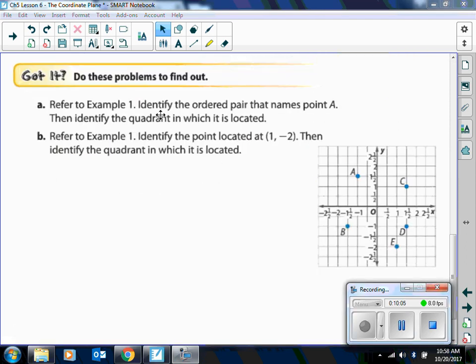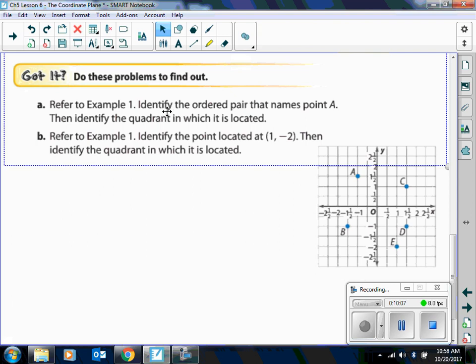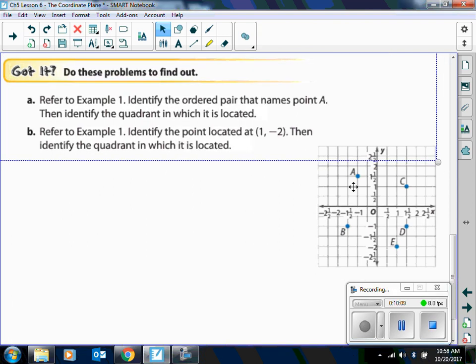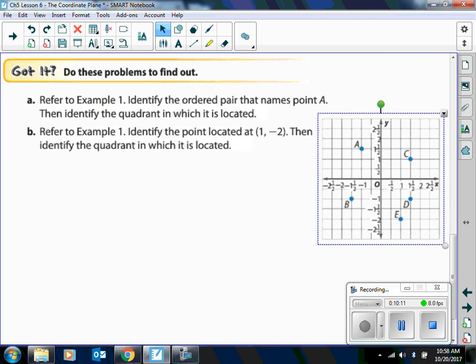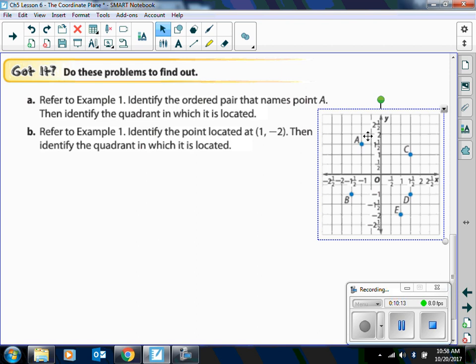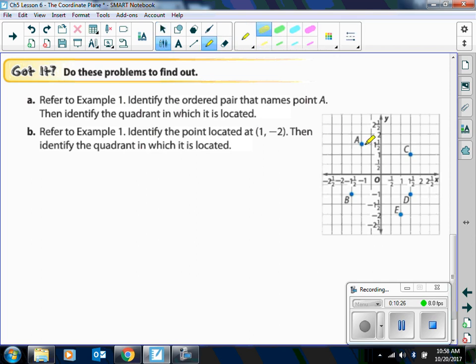All right, so for these got it problems, we are going to use the coordinate plane for example 1. We want to identify the ordered pair that names point A, then identify the quadrant in which it is located. Okay, so here's point A, there's point A, and we want to know how we got to it.